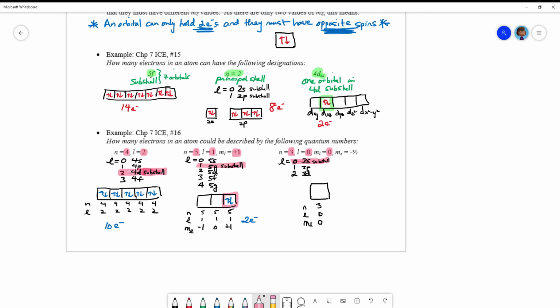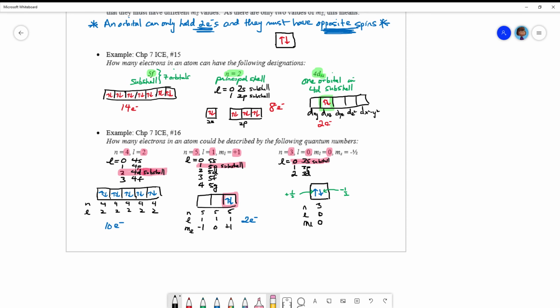Okay. Now, how many electrons can go in this orbital? Well, we know a maximum of 2 electrons can go in this orbital. But what's different about these 2 electrons? They have different spin quantum numbers. So we might designate this electron here a spin quantum number of +0.5, and this electron here, the downwards one, a spin of -0.5.